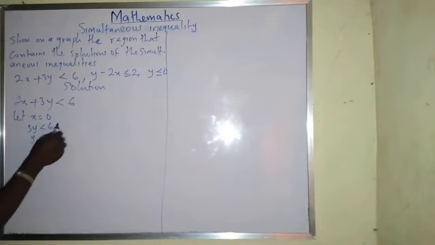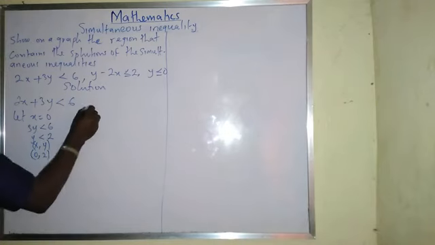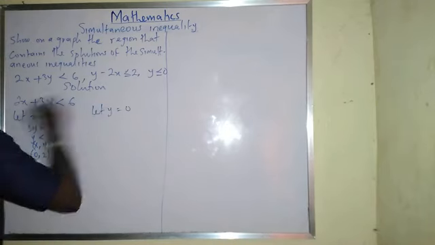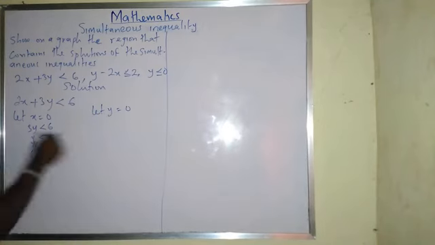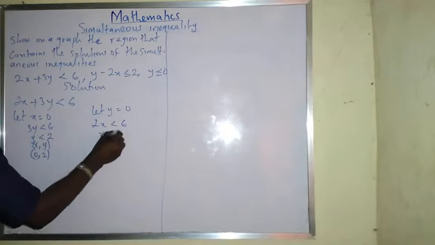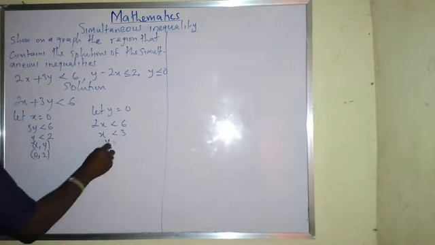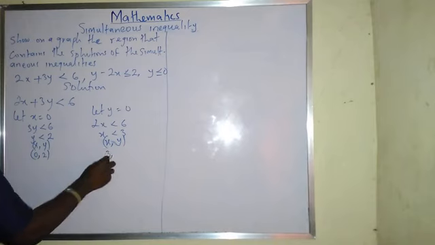So the first point, x comma y, will be 0, 2. Now I'll move on. Let y equal 0. Then 2x less than 6, so my x will be less than 3. So x comma y will be 3, 0.